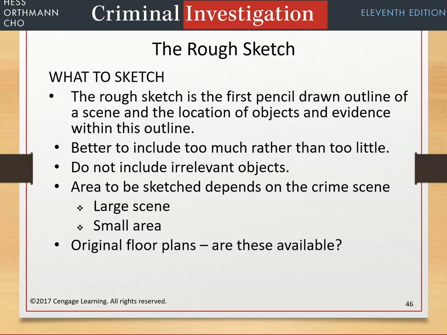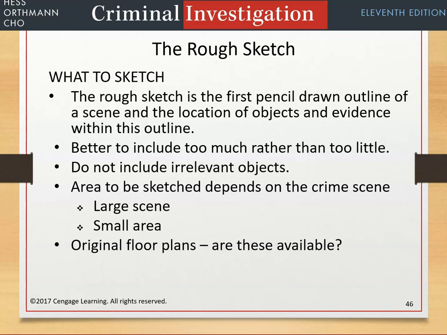The rough sketch is the first pencil drawing outline of a scene and the location of objects and evidence. Remember, it's better to put in too much rather than too little. You don't have to include irrelevant objects if you know that they're irrelevant. The area to be sketched depends on the crime scene, a large area or small area.